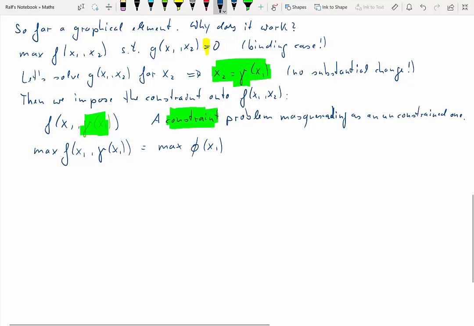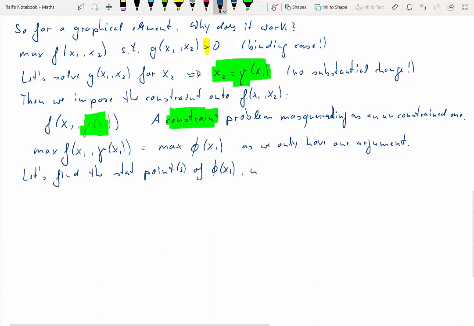which we should recognize is really now only a function of one argument, x1, so we call it phi of x1. It's just some reformulation, acknowledging that there's really only this one input argument, x1. Let's find the stationarity point, or points, of this function.